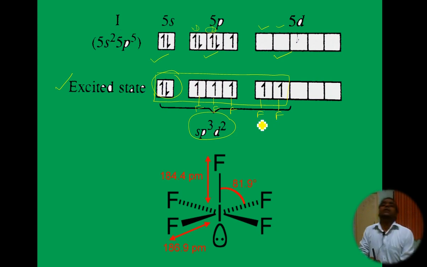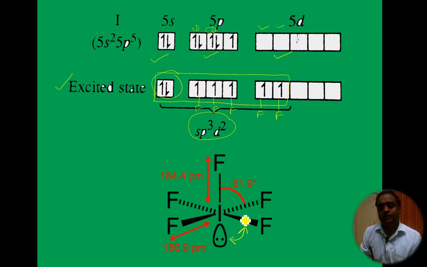So these 5 fluorine atoms will share one electron each with these 5 orbitals in order to fulfill their duplet.